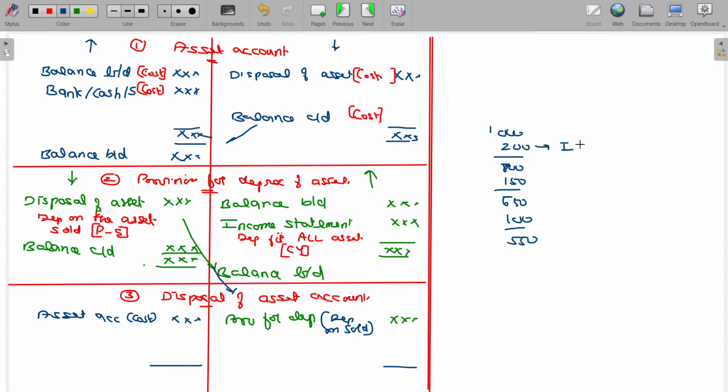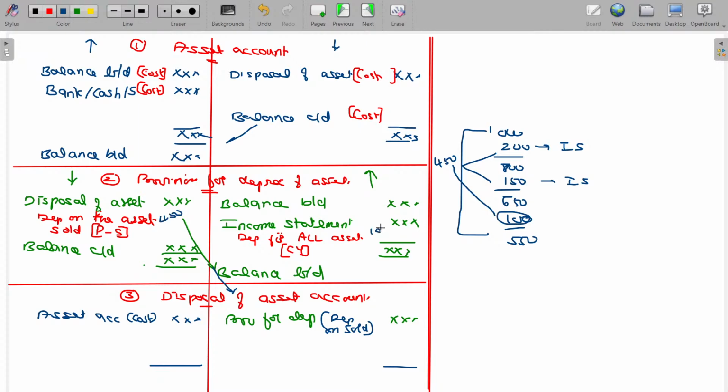Now this will be called on asset sale. If this asset is sold, the difference between these two will be the accumulated depreciation, 450. That will be called the depreciation of the asset sold. This will be 450. If you are preparing for this year, this will be 100.